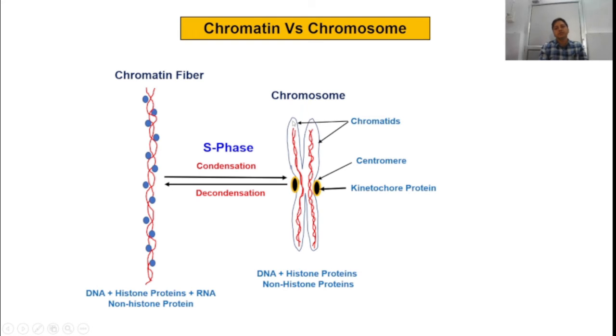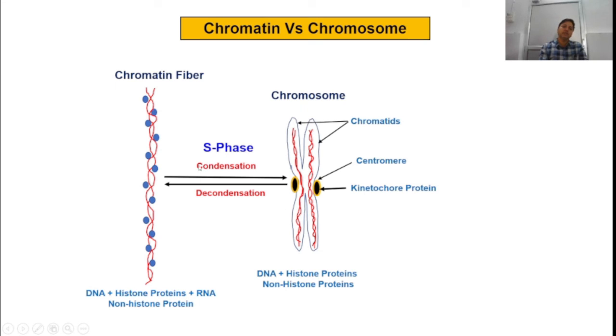When these chromosomes are formed, they are highly condensed, and maximum condensed chromosomes can be observed during M phase of the cell cycle. Again, if decondensation takes place, these chromosomes will be converted into chromatin fiber, and again after condensation, the chromatin fiber will be converted into chromosomes.